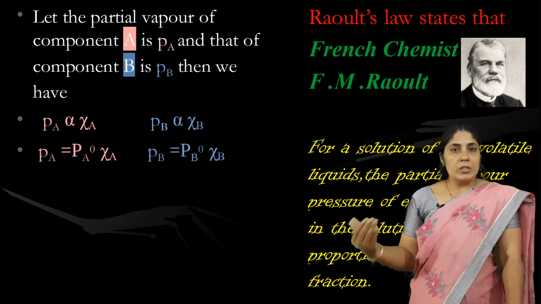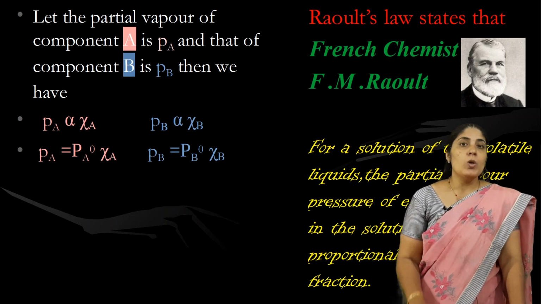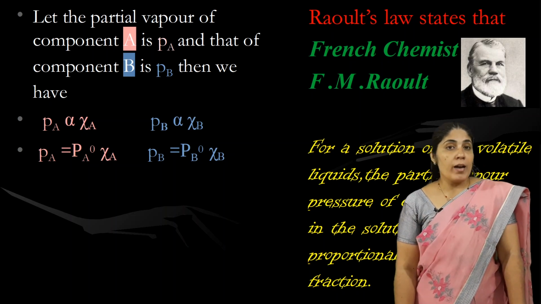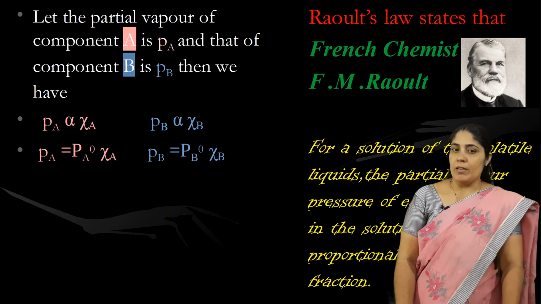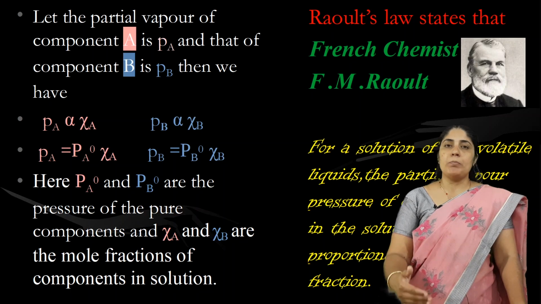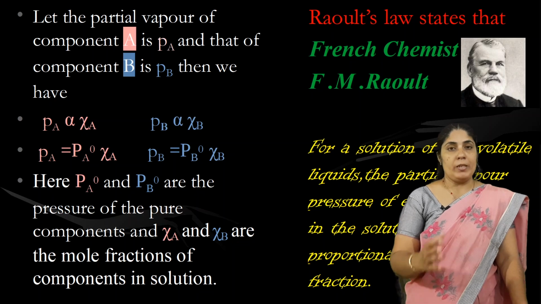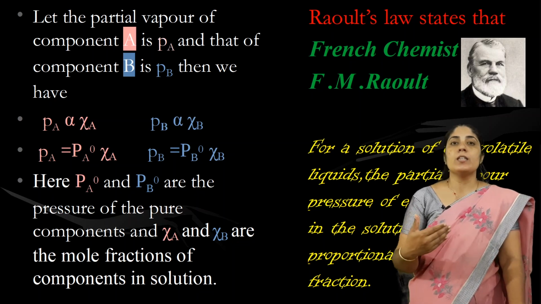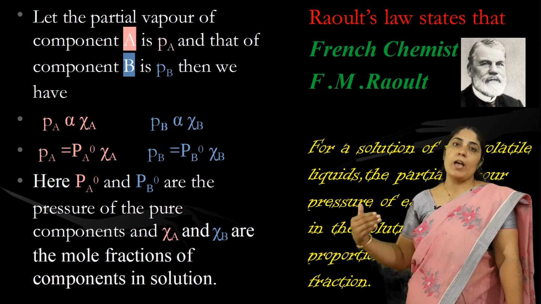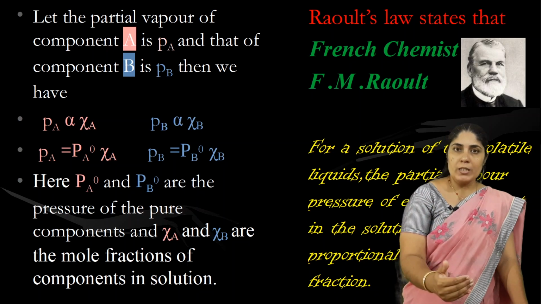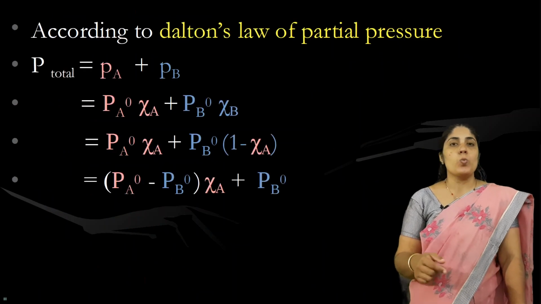Now, changing the proportionality constant, we will get PA is equal to PA0 chi A, and PB is equal to PB0 chi B, where PA0 and PB0 are the vapor pressures of the pure component state. That is, when you consider the liquids in their pure state, they will be giving a pressure of PA0 and PB0. The small letter PA and the small letter PB give the partial pressure of the gases once they are mixed together.